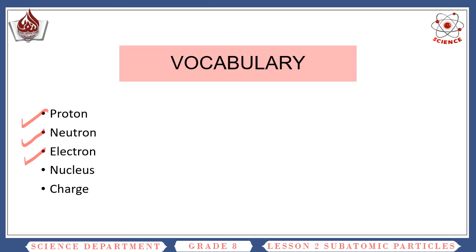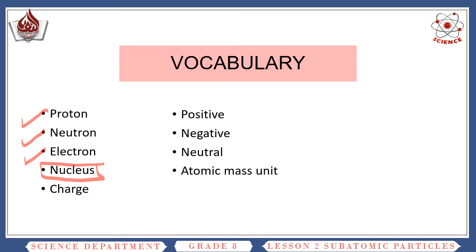The nucleus is in the center of the atom. Of course, all of you know the meaning of a charge, which is positive, negative, or neutral, which means no charge at all. And the new word, atomic mass unit, will be discussed in detail.